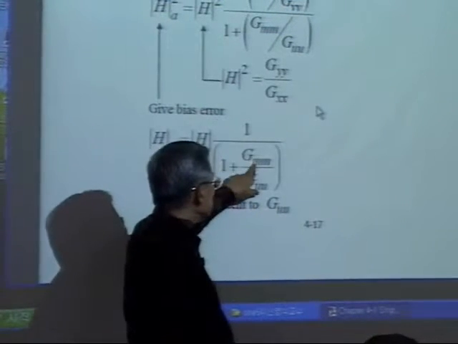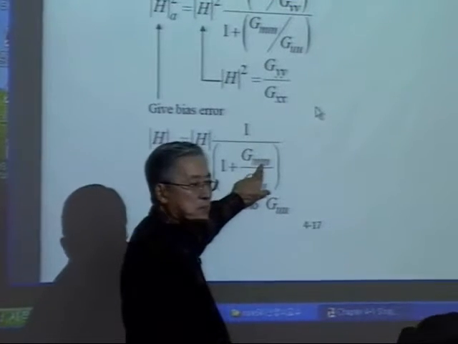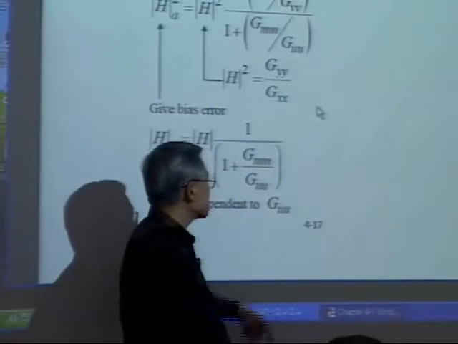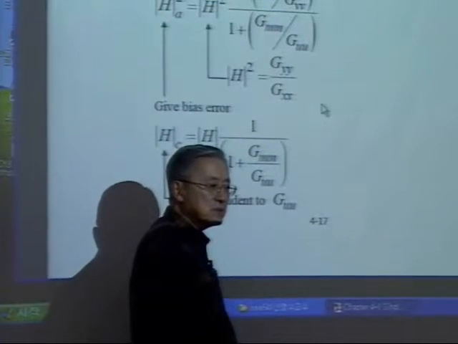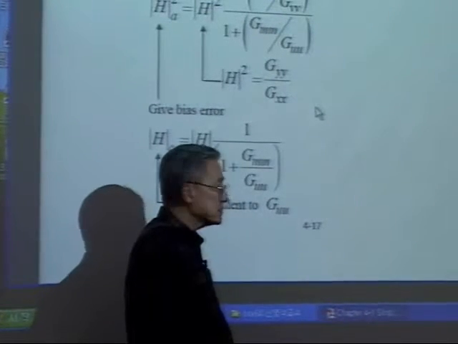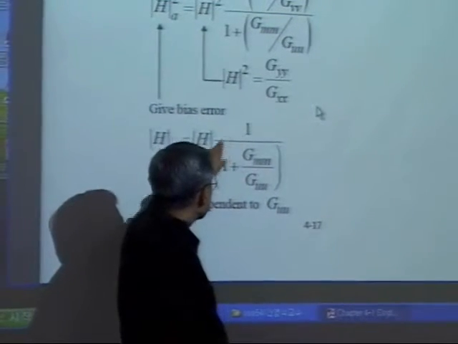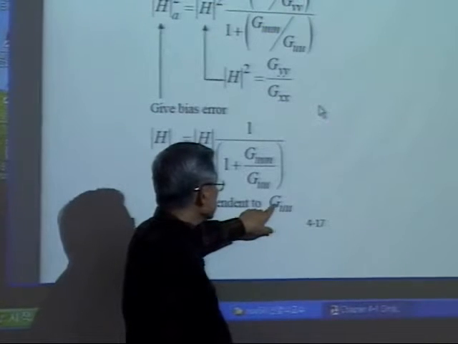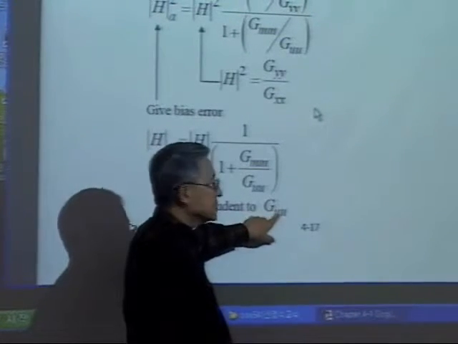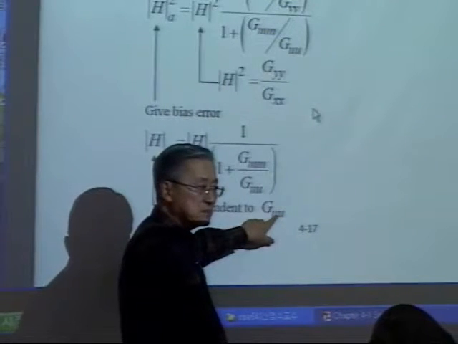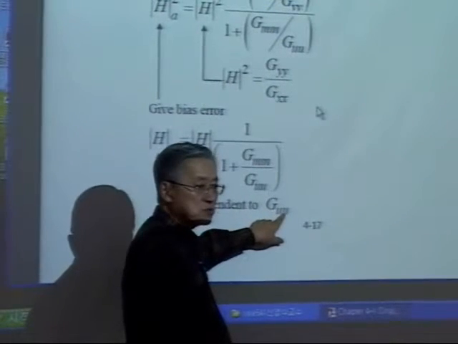Independent of output noise here, there is no GNN. It's only GMM. This GMM is the input noise spectra, right? MM, input. And here is independent of GNN, the output noise spectra, right? So this is wrong. UU is wrong.